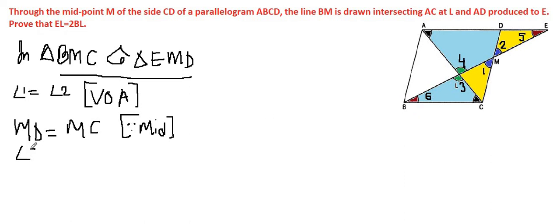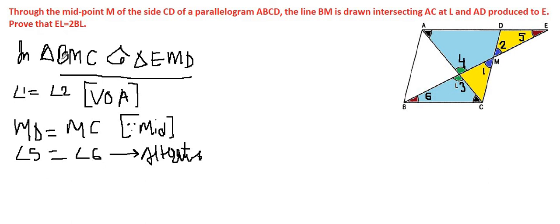What is the reason for angle 5 being equal to angle 6? Because they are alternate angles. How? Here AE is parallel to BC and BE is an intersecting line, so angle 5 will be equal to angle 6. We can write the reason: alternate angles.